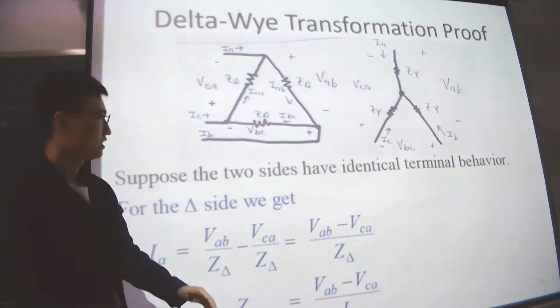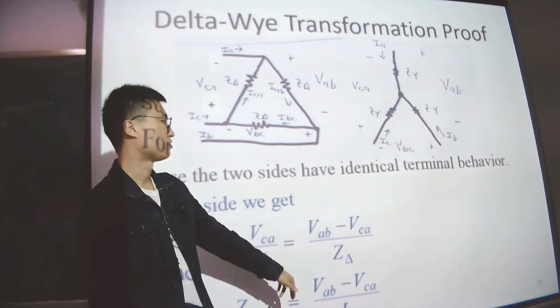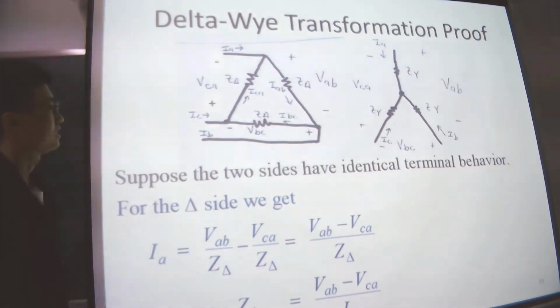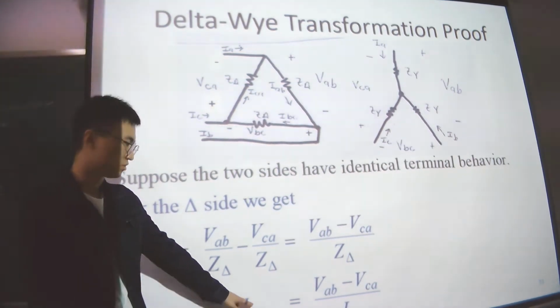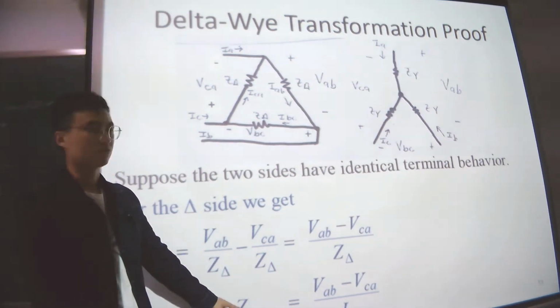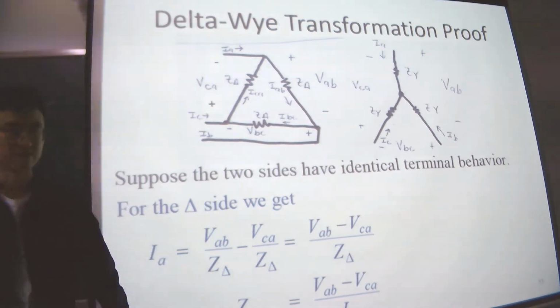So this is the difference between these two line voltages, and then divided by this impedance. So we can just use the current and voltage to represent the impedance, right?